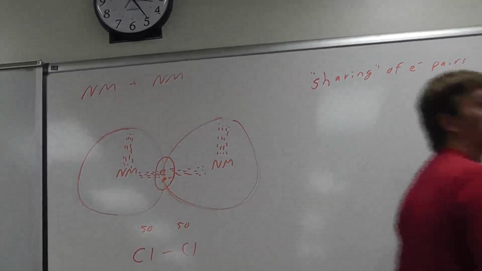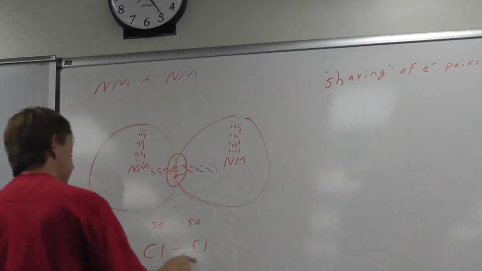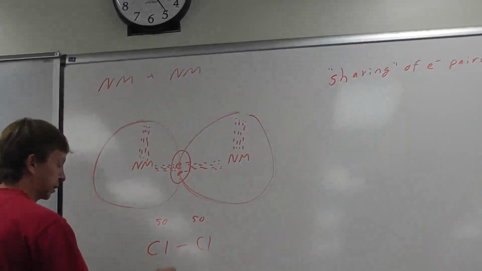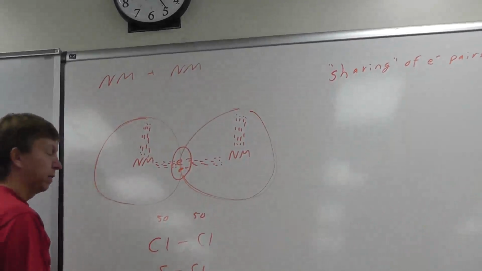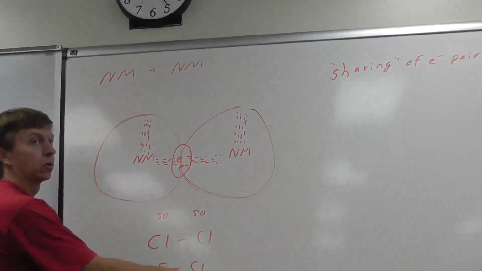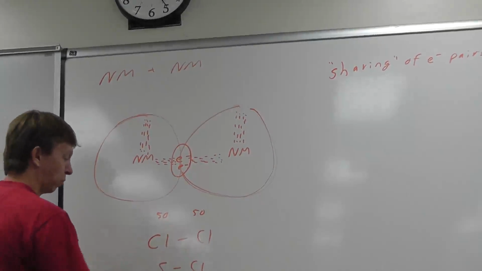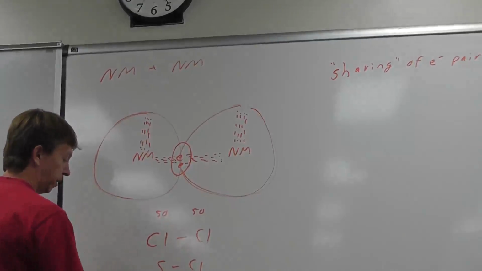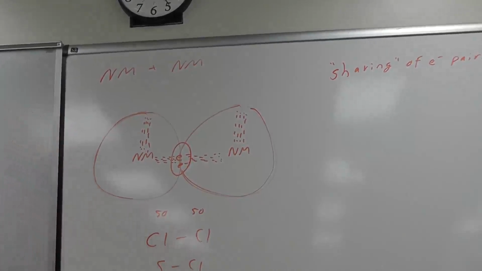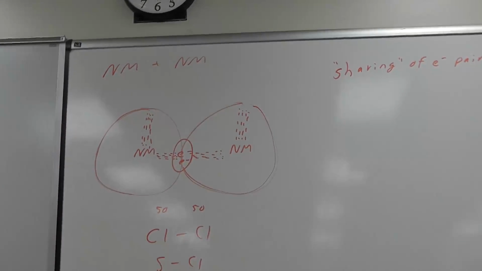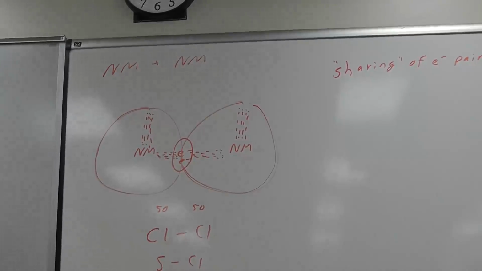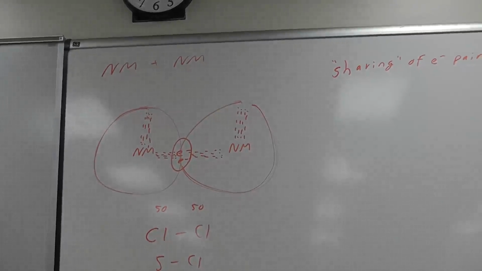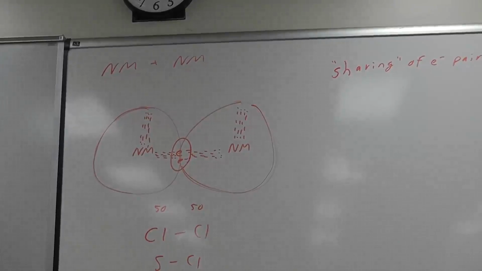But now with what I think you're saying is if you have different nonmetals here, let's say it's sulfur and chlorine, then that's not exactly equal. One of them will have a little bit more pull, and maybe it's 60-40 as opposed to 50-50. It's still shared, but just because it's shared doesn't mean it's shared 50-50.